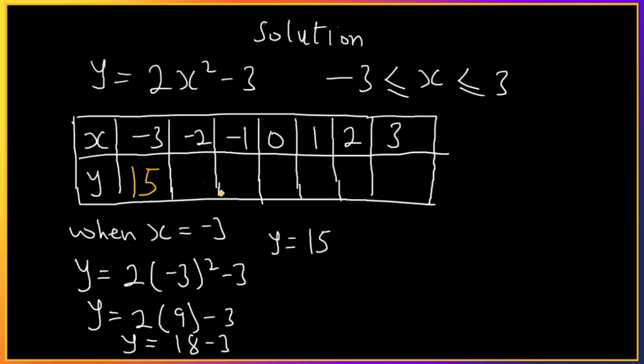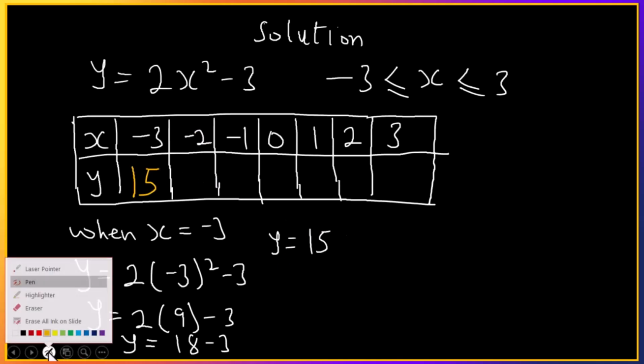When x is negative 2, what do we get for y?